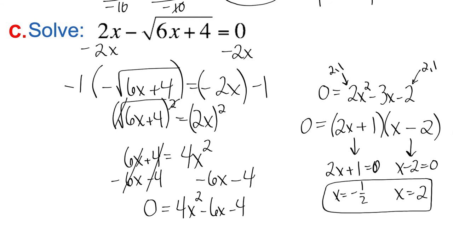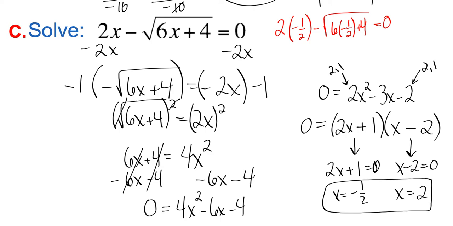So putting that in there, let's do the -1/2 first. All right, so I'll use my red ink to check that out. So 2 times -1/2 minus square root of 6 times -1/2 plus 4 equals 0.